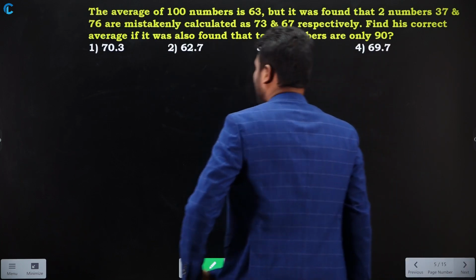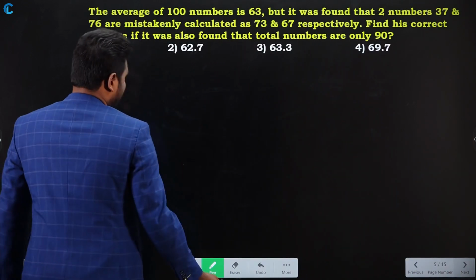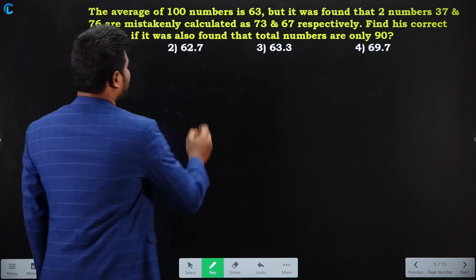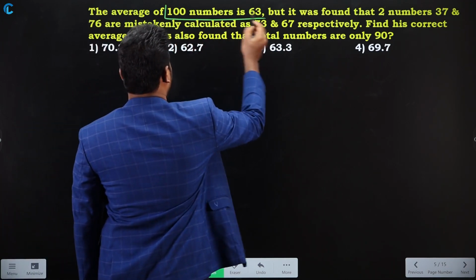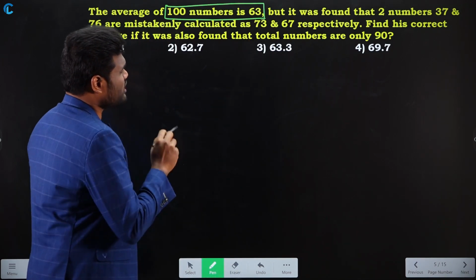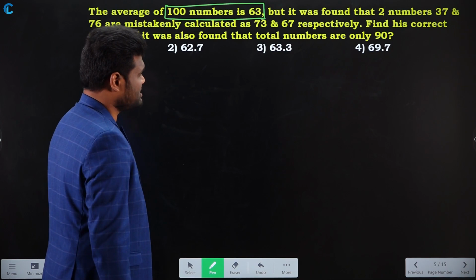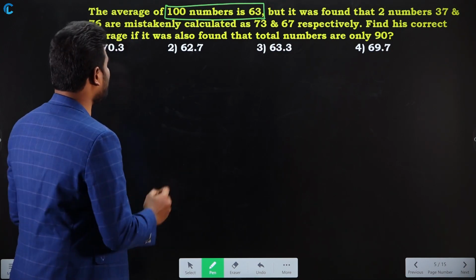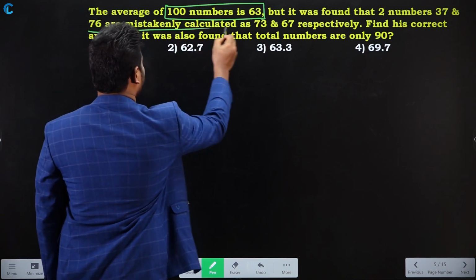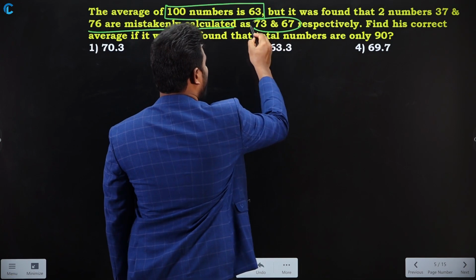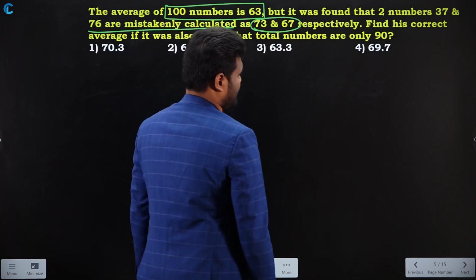Okay. Let us look at the next one. The average of 100 numbers is 63. But it was found that two numbers 37 and 76 are mistakenly calculated as 73 and 67 respectively.